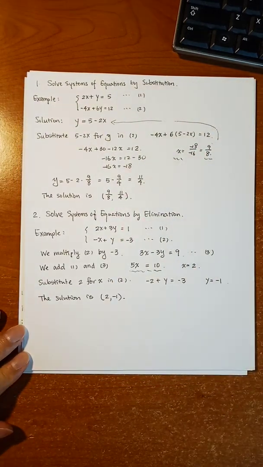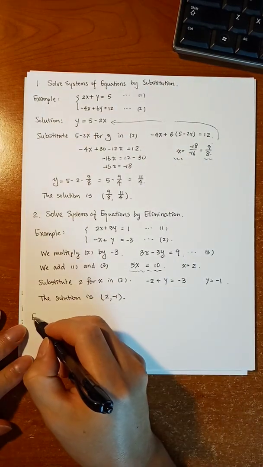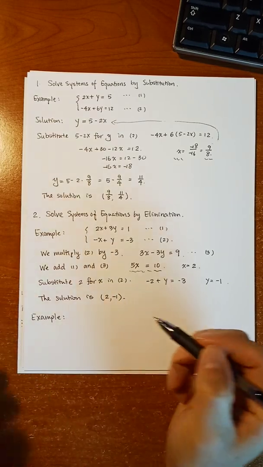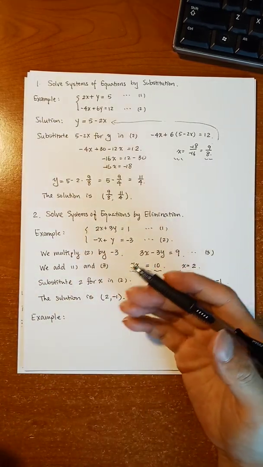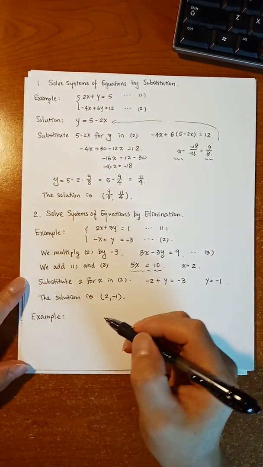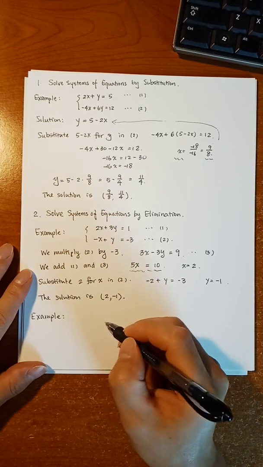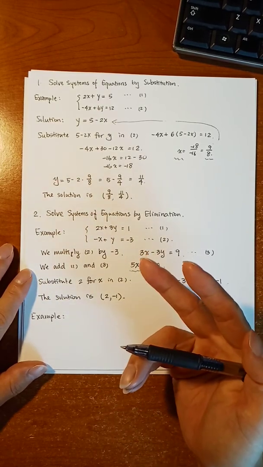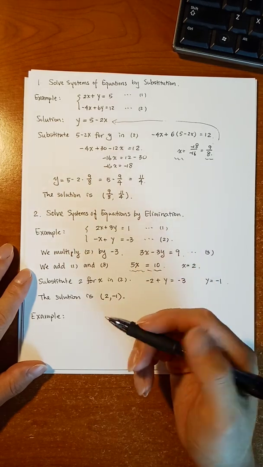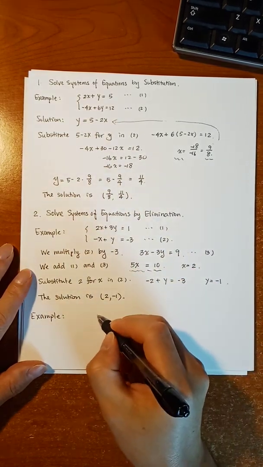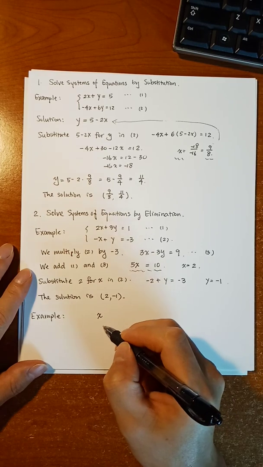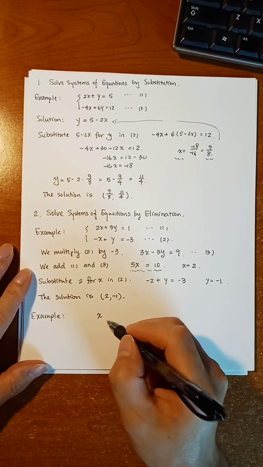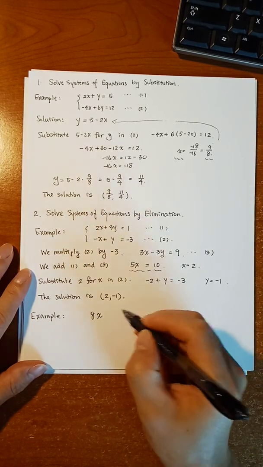Okay, so back to the example we discussed. Remember, last time we discussed that you have a movie theater, you sell the tickets at a regular price, $8, and you have a discount for the seniors, $2, so the tickets for the seniors are $6. X represents the tickets at the regular price, so 8X.